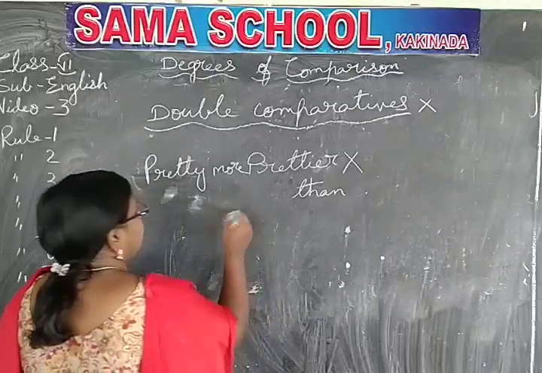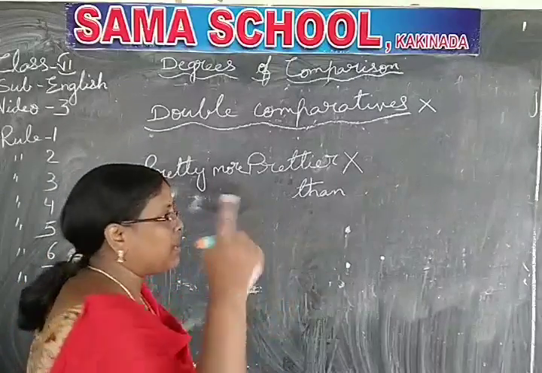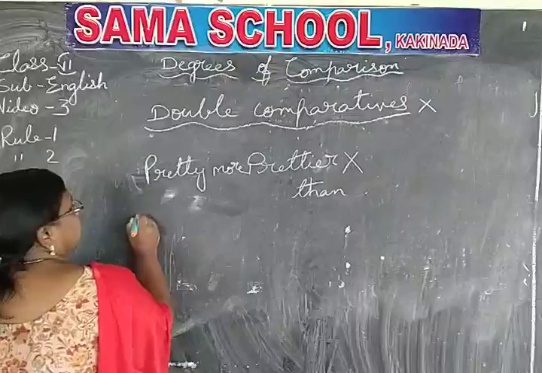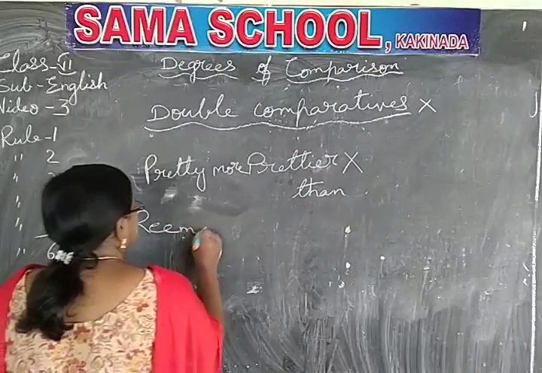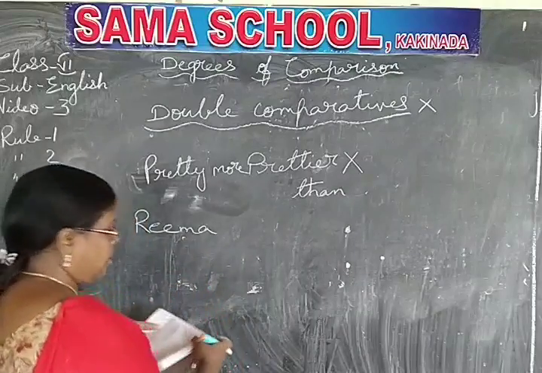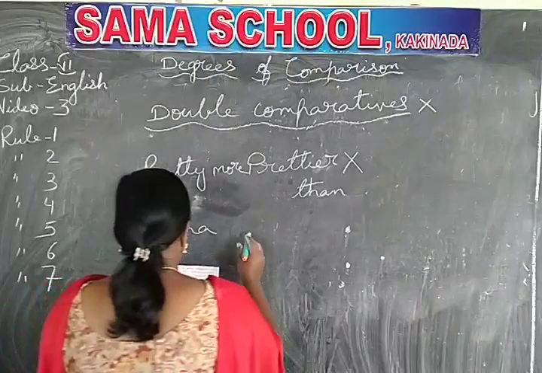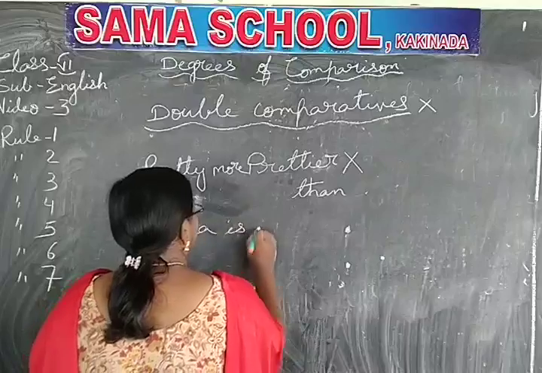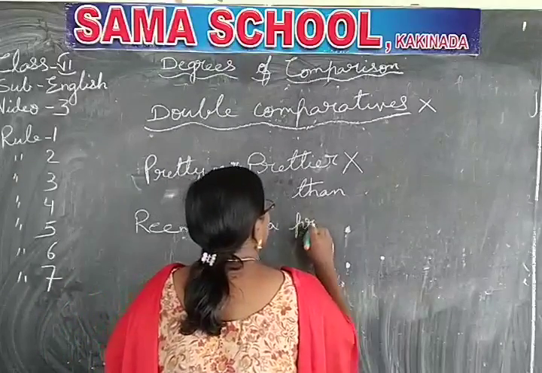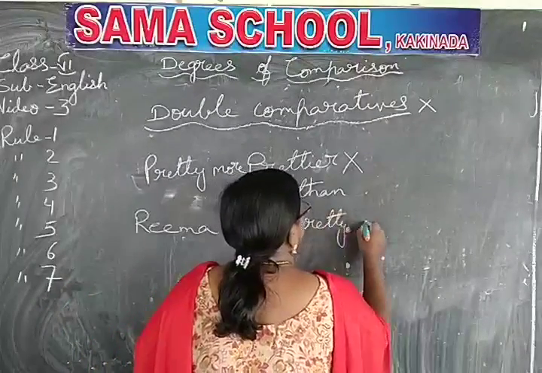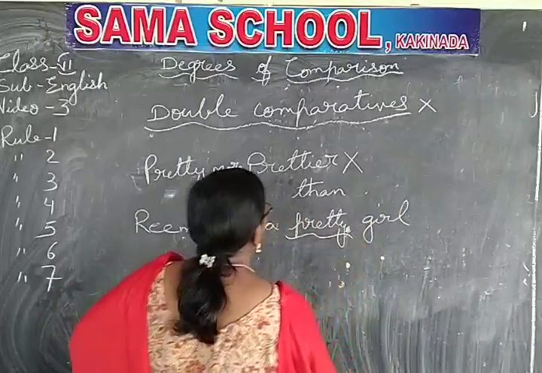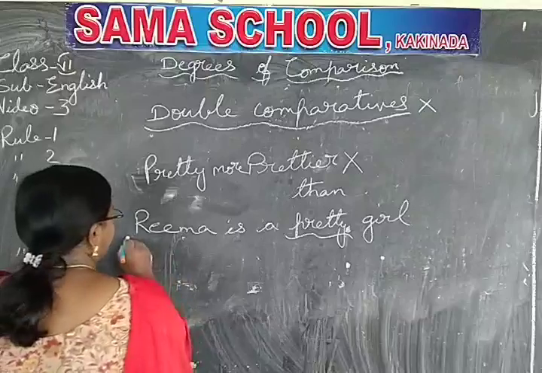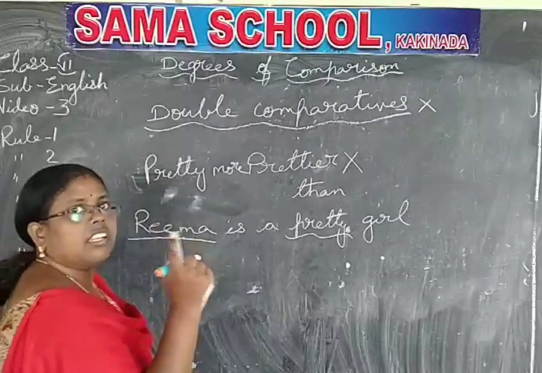Then I'll give you one example with pretty. Rima, name of a girl. Rima is a pretty girl. I'm giving you pretty. This is positive degree. Only one girl, Rima, singular.